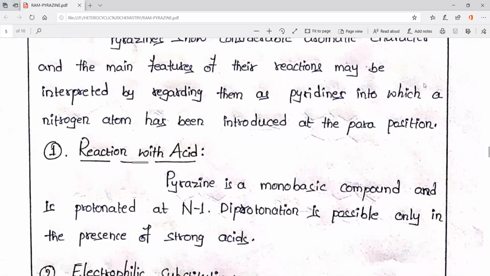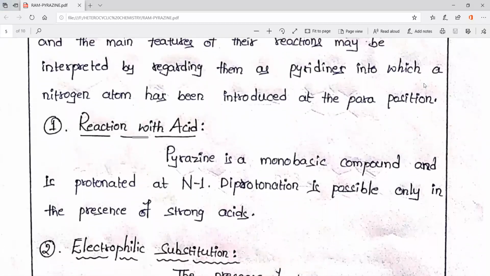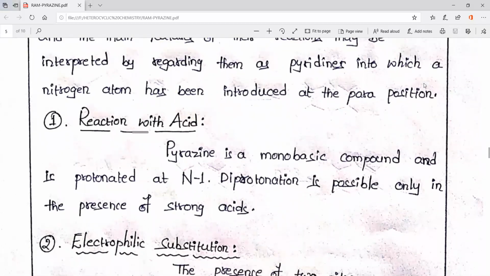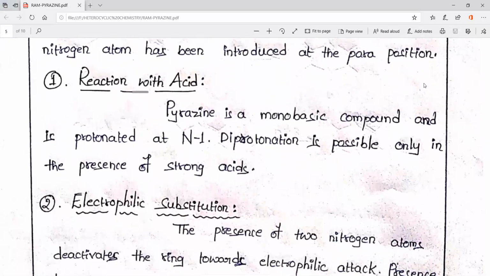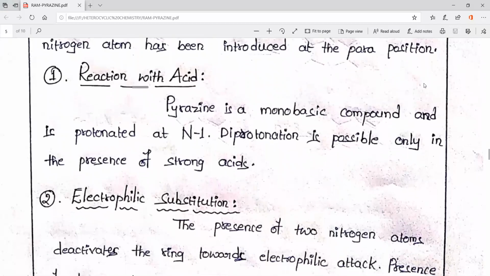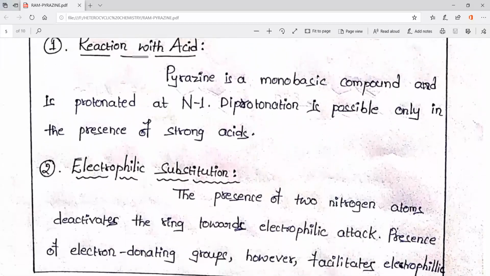So in pyrazine, there is an additional nitrogen atom at the fourth position. Both nitrogen atoms in pyrazine behave as the pyridine type of nitrogens. So pyrazine undergoes protonation at only one of the two nitrogen atoms.